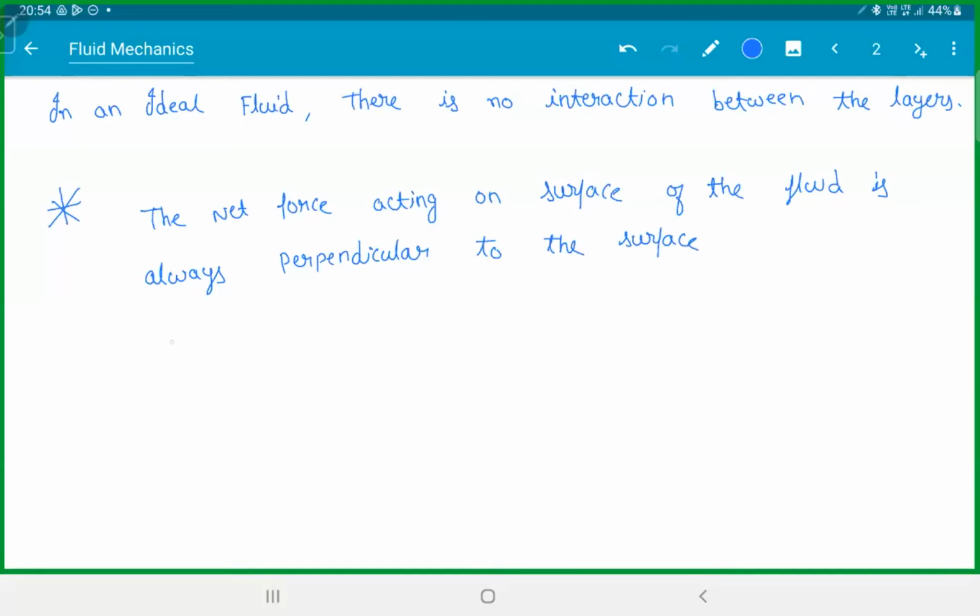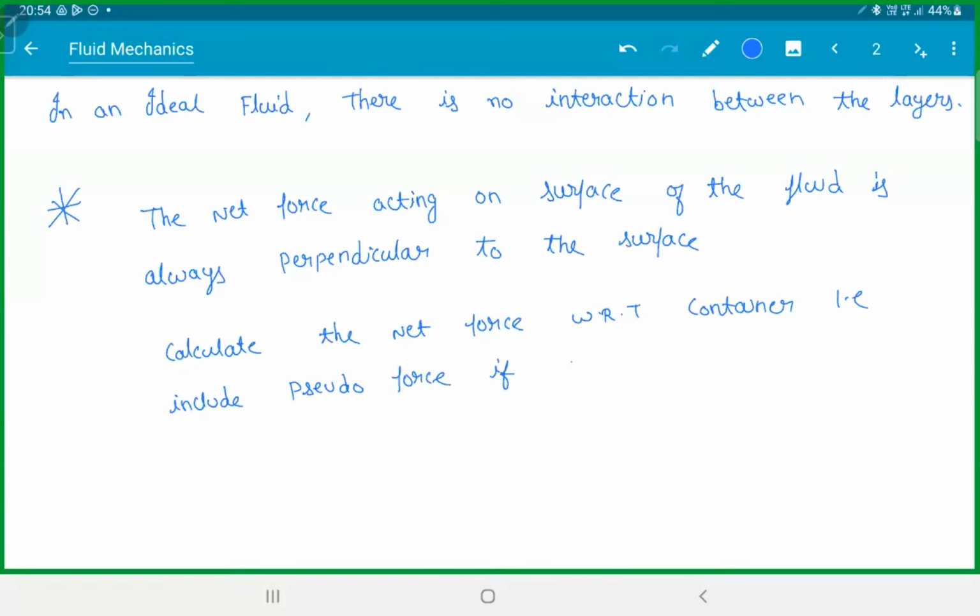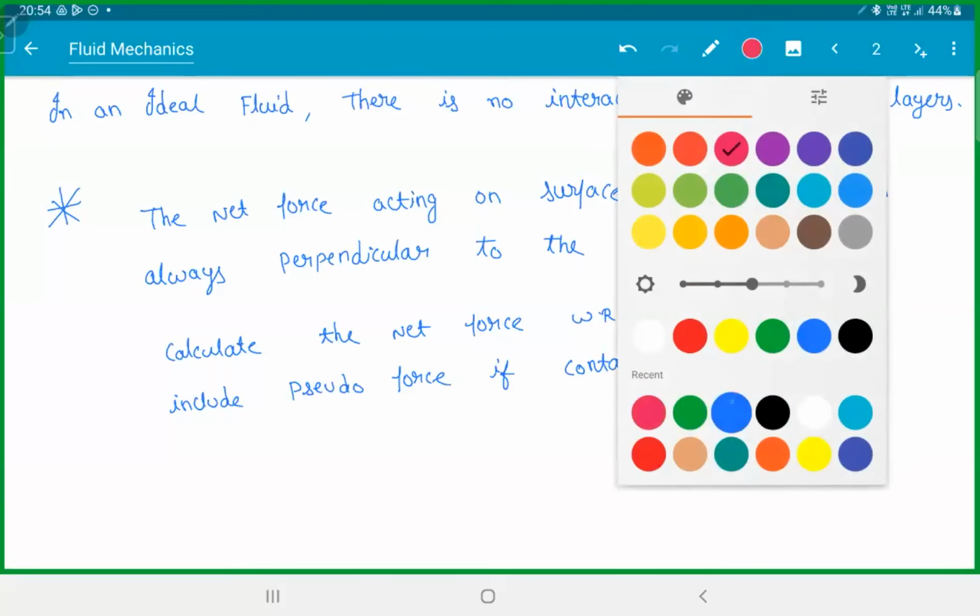Now, an important statement here: calculate the net force with respect to the container. That is, include pseudo force. I'll give you some examples, you'll understand. This entire thing is important.